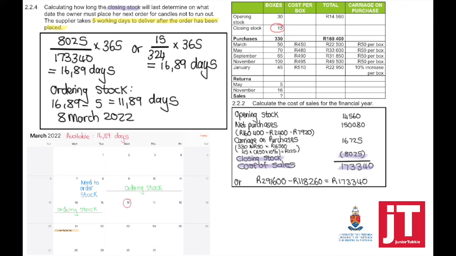Which means if I look at the calendar, this is when we will be running out of stock. It takes 5 working days for the stock to be delivered from the day it was ordered. So it means that by the 8th, we need to have ordered our stock.